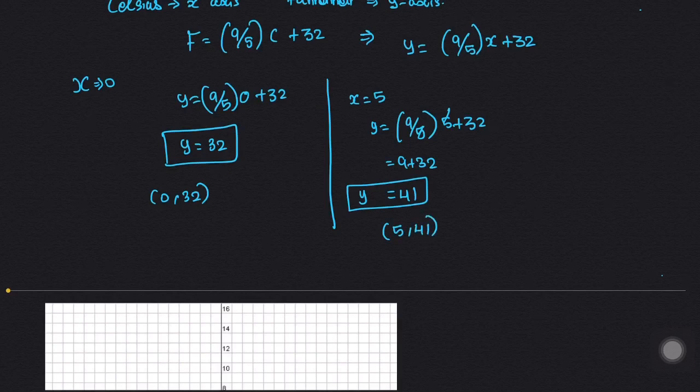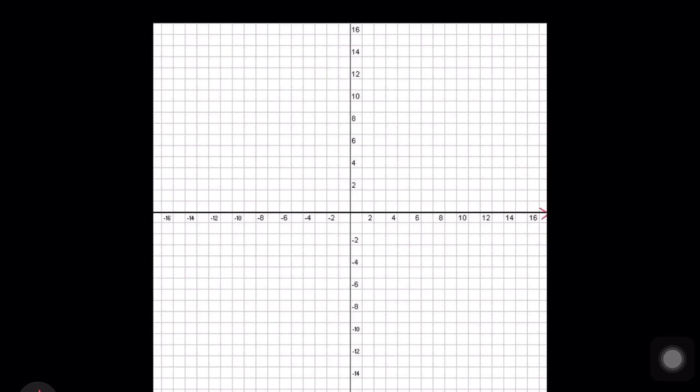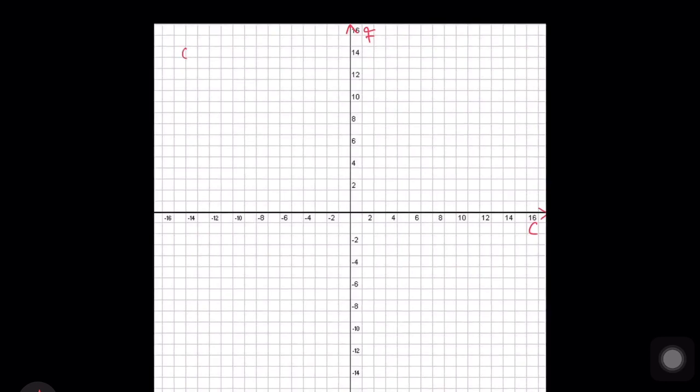So we need to draw a line, and two points are enough to draw a line. The graph has x-axis in Celsius and y-axis in Fahrenheit. From our points, if x = 0 we get y = 32, and if x = 5 we get y = 41. So we need to draw this line.